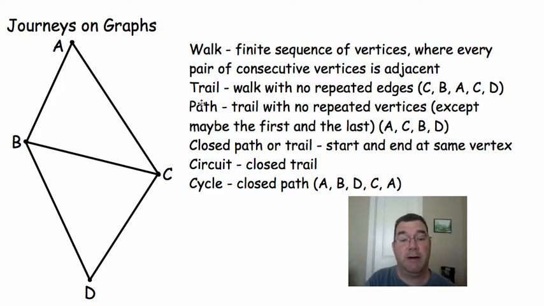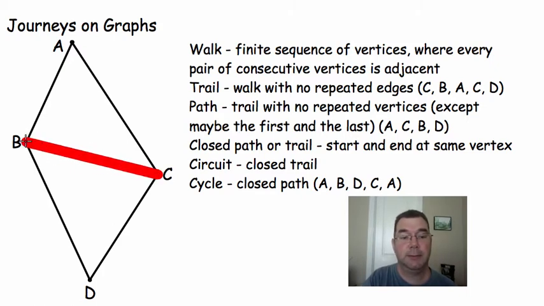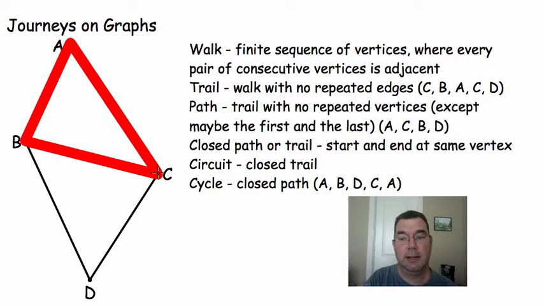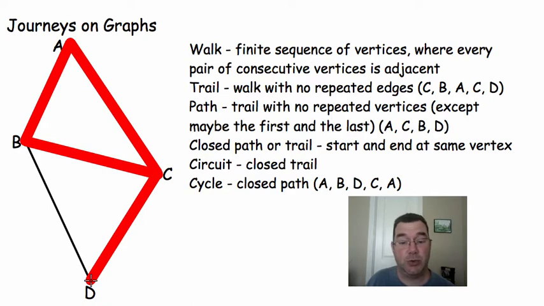So, for example, if I went from C to B, and then I went from B to A, and then I went from A to C, and then I went from C to D, then even though I went through vertex C twice, I haven't repeated any of the edges. So that's what a trail is. So let me get rid of that.